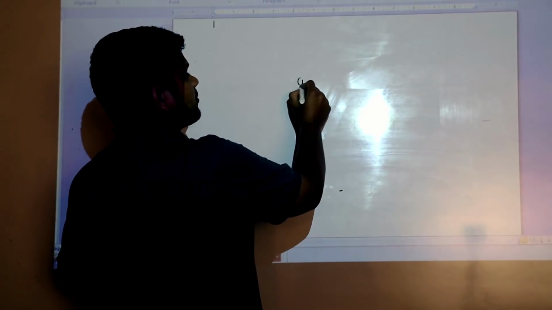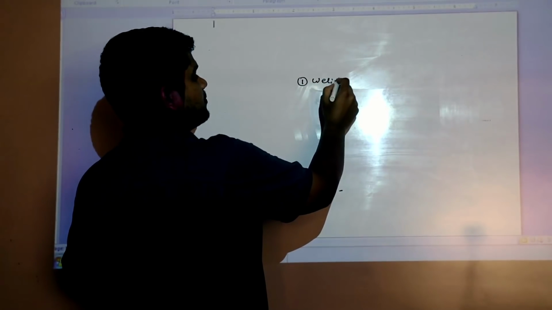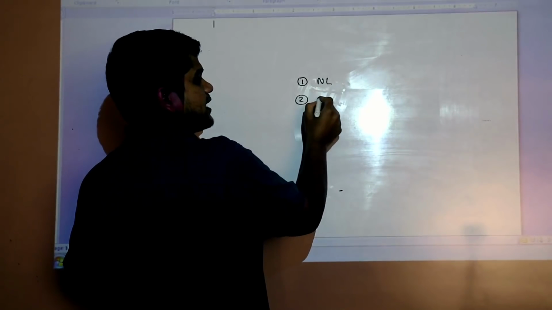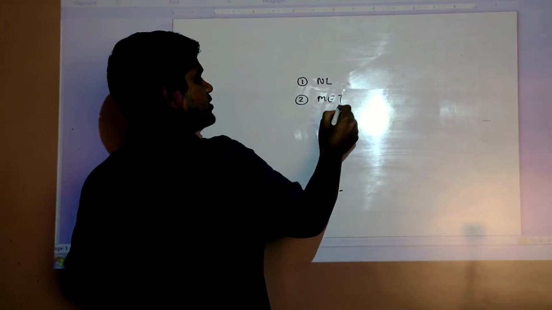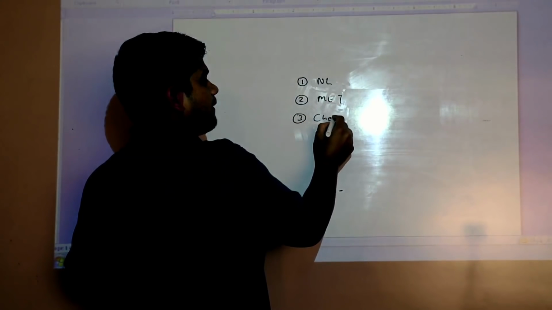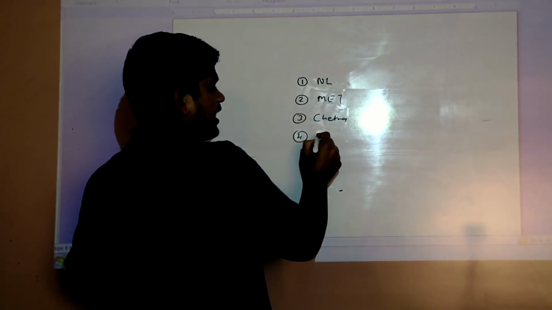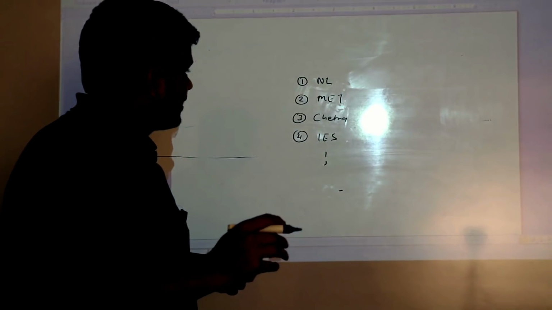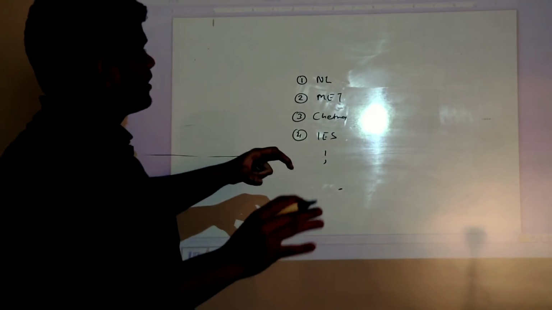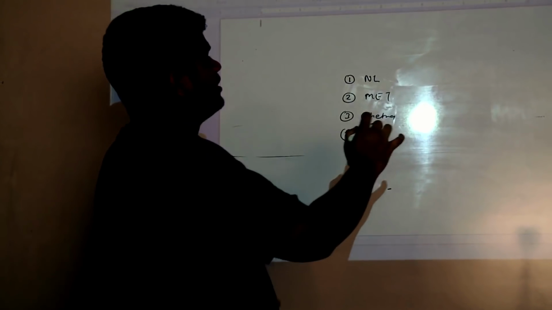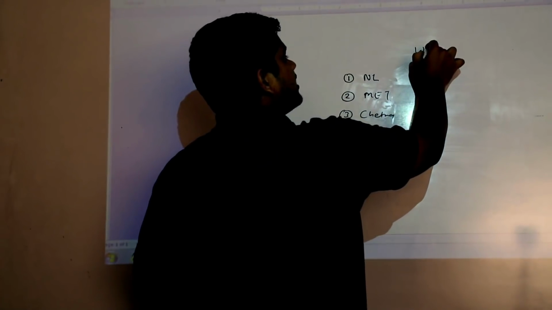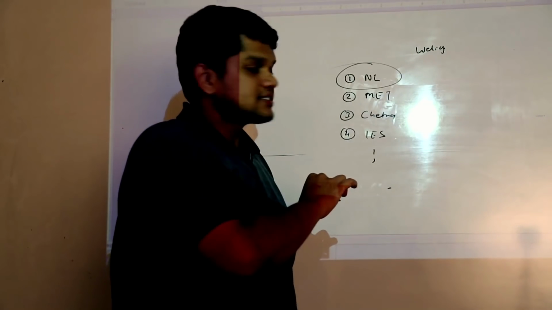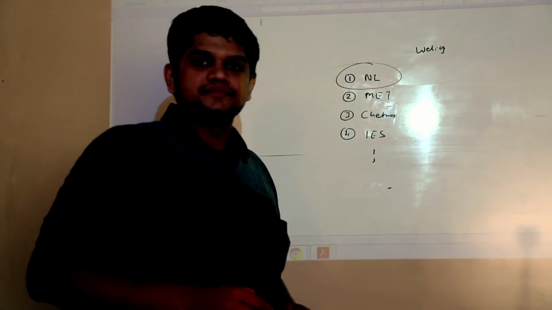If you start filling up colleges like NL Dalmia, your second choice is MET, your third choice is Chetna, your fourth choice is IES, and so on, and you don't know, but fortunately or unfortunately, you could have got a Wellingkar, but because it is not there in your list, you will not be allotted Wellingkar.